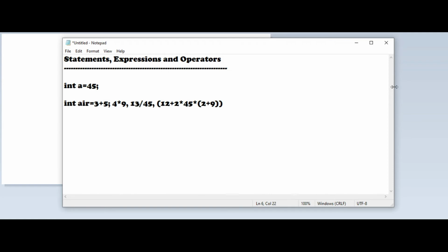This is the division operator, this is the multiplication operator, this is the normal plus operator, this is the subtraction operator, like 9 minus 7, and we also have the modulus operator, 15 mod 3. So we call it the mod operator.